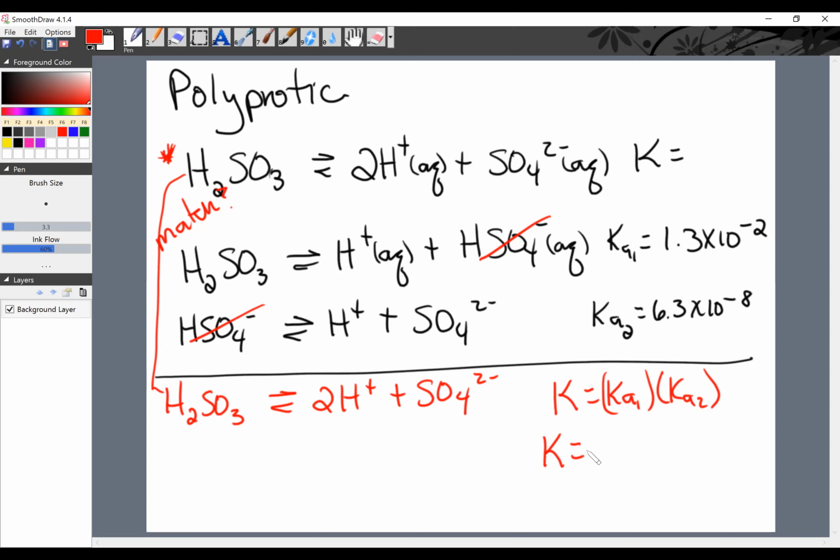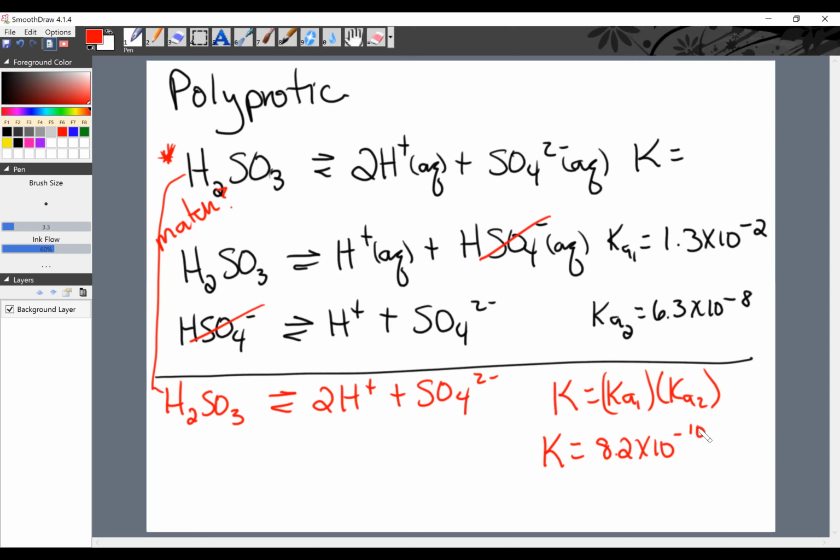And where is my calculator? All right, so 1.3 to the negative 2 times 6.3 to the negative 8. This is 8.2 times 10 to the minus 10. Double check that.